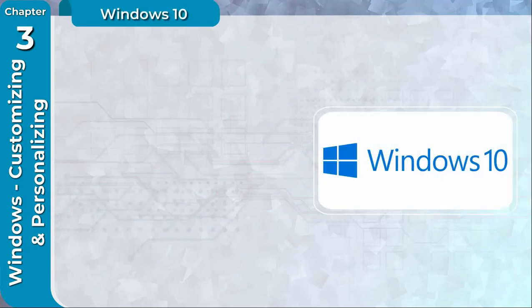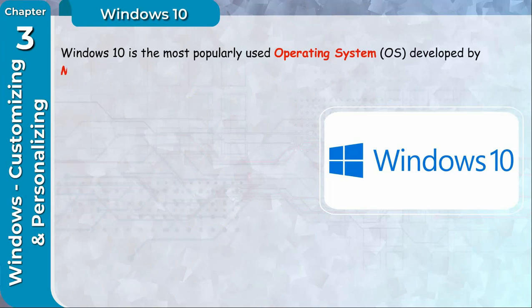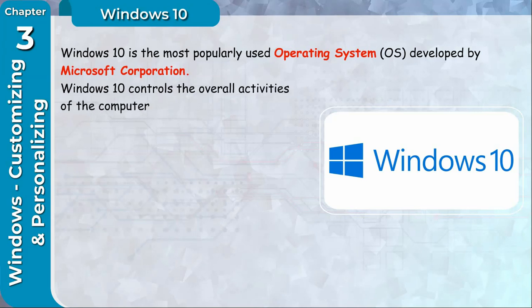Windows 10. Windows 10 is the most popularly used operating system (OS) developed by Microsoft Corporation. Windows 10 controls the overall activities of the computer as well as the operation of each and every part of it.